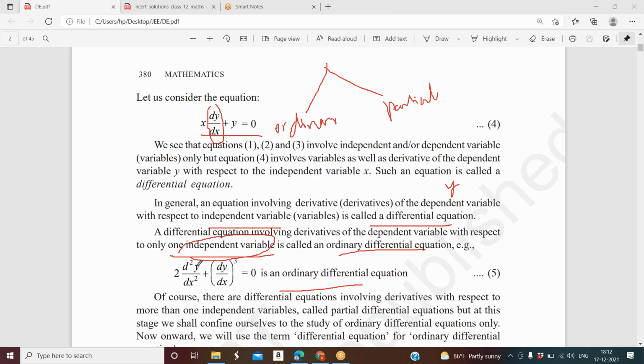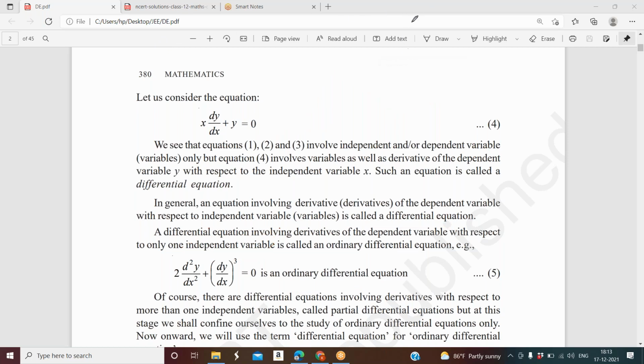Because the dependent variable y is depending on x only. X is the only independent variable. Therefore, it is called an ordinary differential equation.